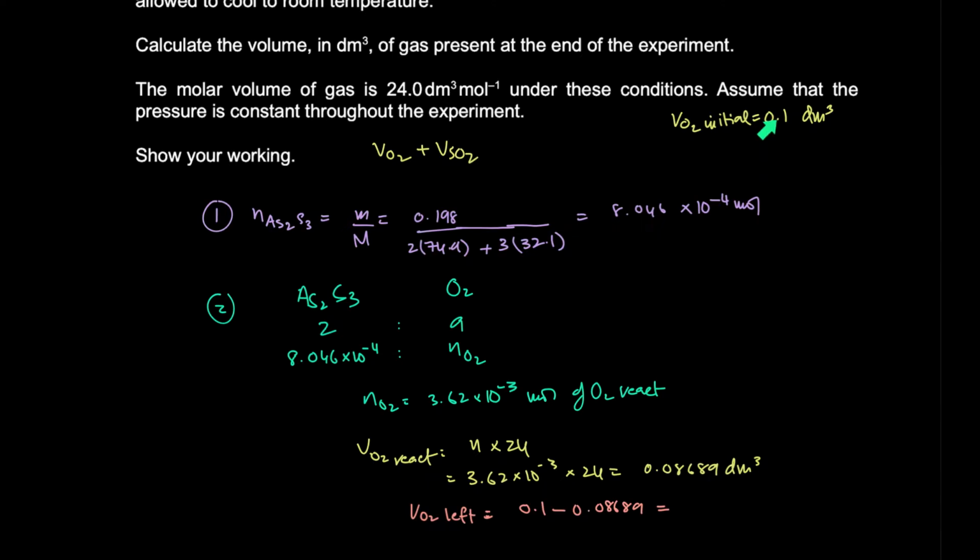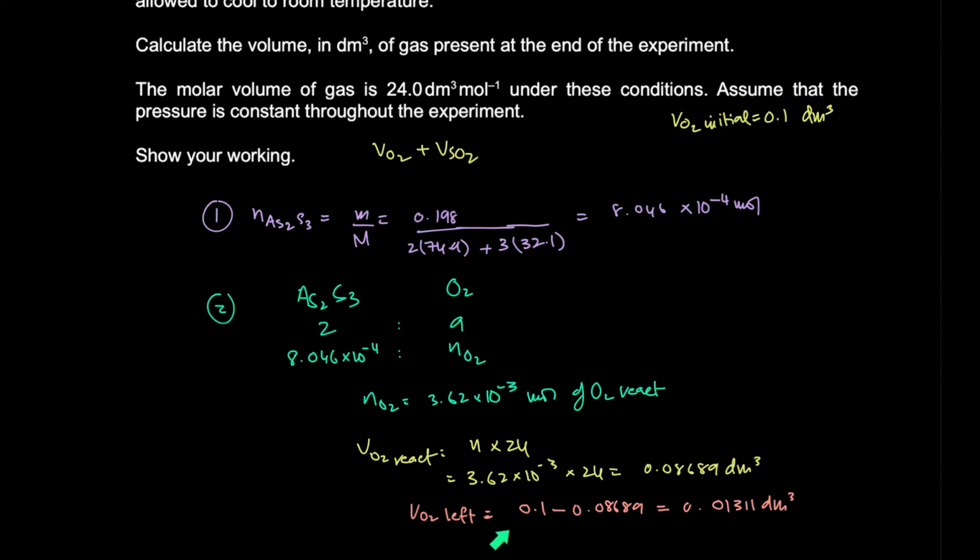Since we know how much we started with and we know how much reacted, the volume of oxygen left is 0.01311 decimeter cube.